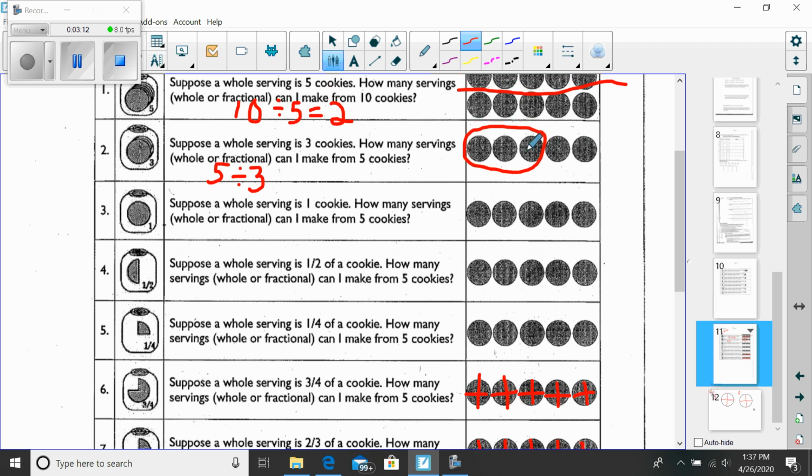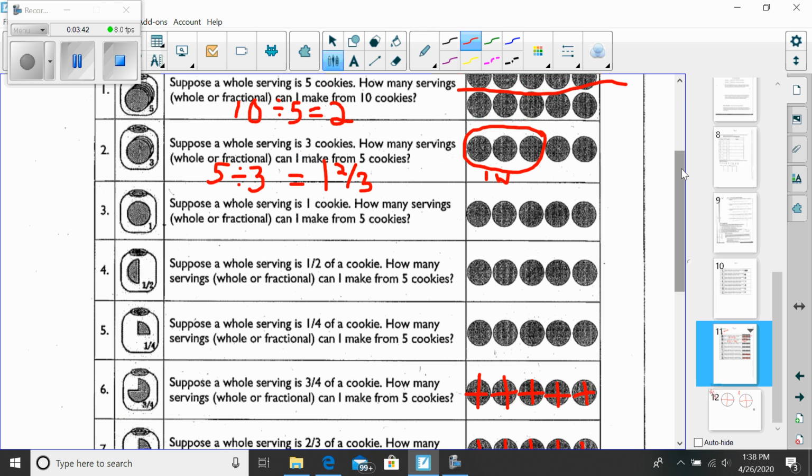I have 2 cookies left, so I got a full serving. Now, what fraction of a serving is left? What fraction of a serving is 2 cookies? If a serving is 3, this is my 1 whole. I'm going to put 1 W for 1 whole. So I have 1 and 2/3 of a serving.